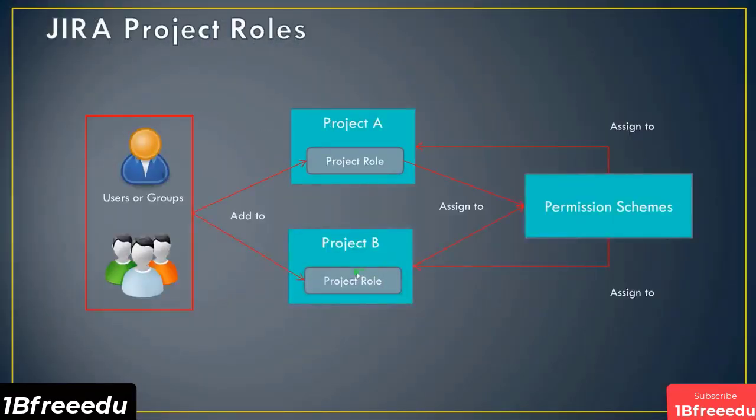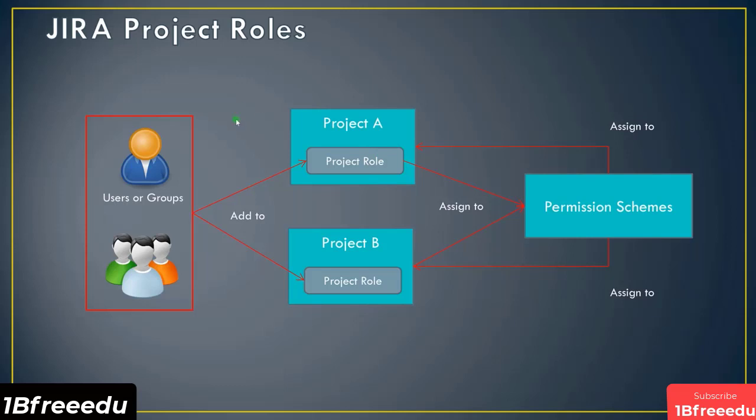So first, let me explain again what I just talked about. A project role is defined in Jira, and so you could take this project role as an example. Once it's defined, project A as well as project B will have this project role. Now you can assign users or groups to the project role, and what happens is that this project role then gets added to permission schemes.